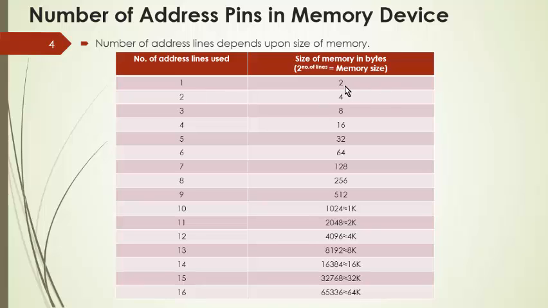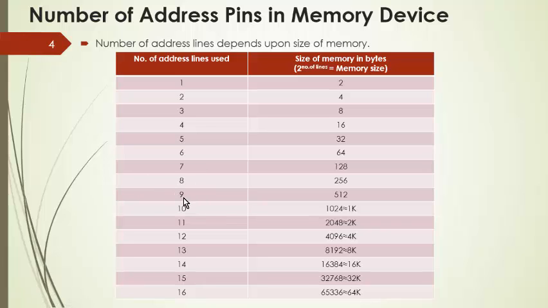So in the case of one address line, you get a memory size of 2 bytes. Suppose there are two address lines, then 2 raised to 2, you will get 4 bytes. In this way, we can easily calculate the memory capacity with the help of the given number of address lines.